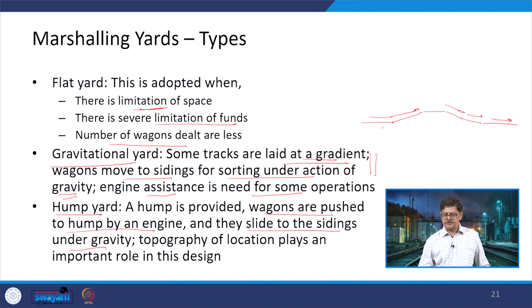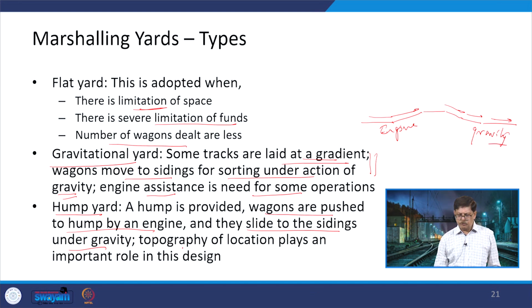So, here it is an engine push, and here it is the gravity effect. Topography of the location plays an important role in this type of design. If it is an undulating terrain, we can very easily create a hump there; otherwise it has to be created artificially.